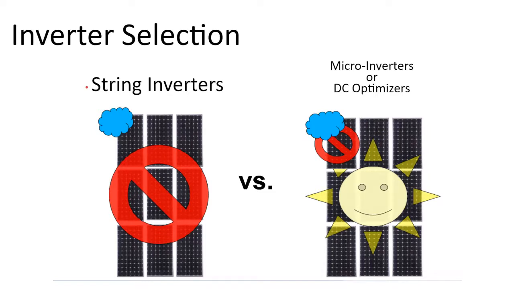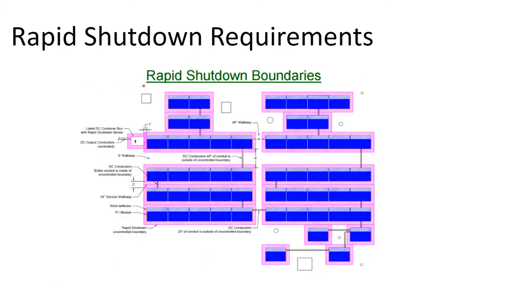National Electric Code requires solar conductors to be de-energized on command, and a strict interpretation of the latest National Electric Code would mandate the use of DC optimizers or microinverters when solar is installed on the roof. There is no off switch to a solar panel, and so module-level panel electronics are the only means to completely isolate the solar array during an emergency and bring the system voltage down to a safe voltage.